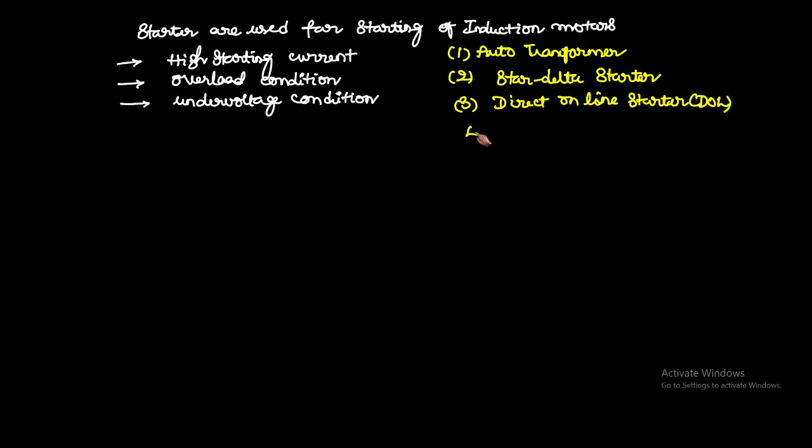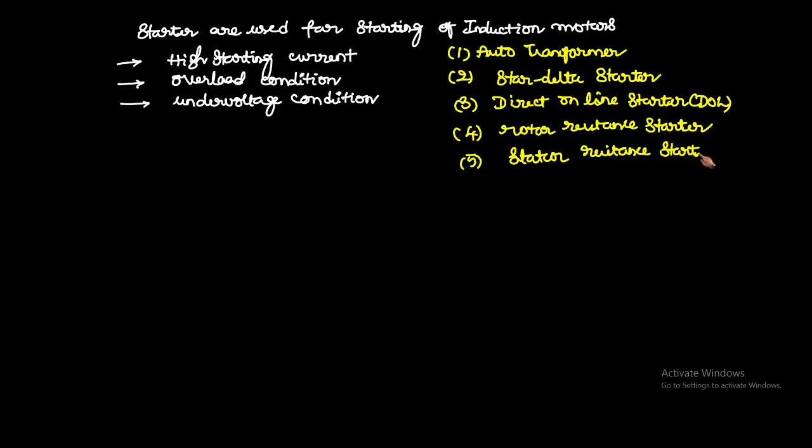The fourth one is the rotor resistance starter. Another one is the stator resistance starter. There are different types of methods, but in your syllabus you will have only the star delta starter.